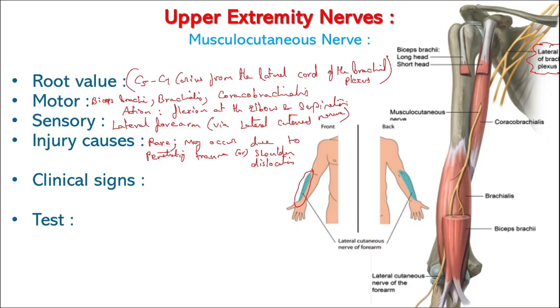So what are the clinical signs we can see? Subjectively, the patient will say, I am getting weakness in elbow flexion.